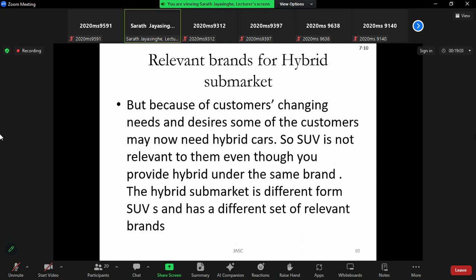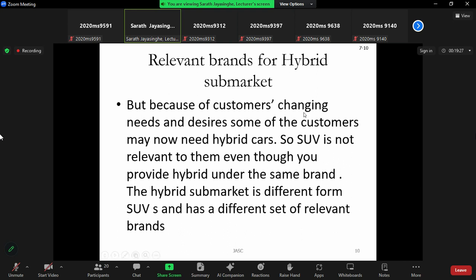Okay? Now, you are using an SUV, but because of certain conditions, you may think about some hybrid car. Hybrid cars and SUVs are different things, right?